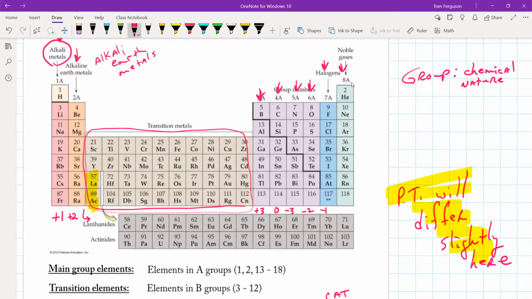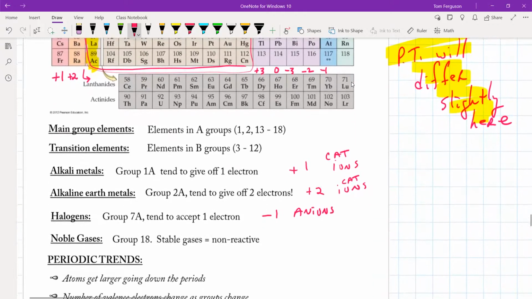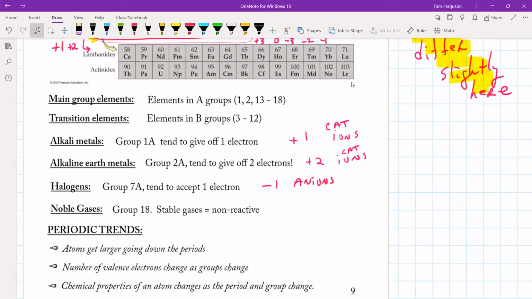The non-metals form anions. Now, the noble gases, they are found a lot in nature as is. So that tells you they're really stable the way they are.